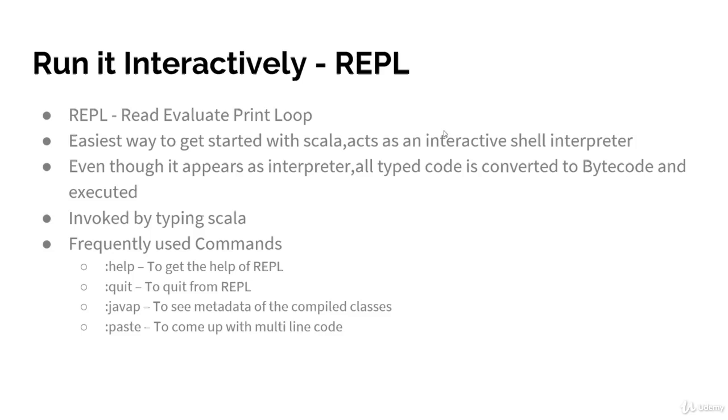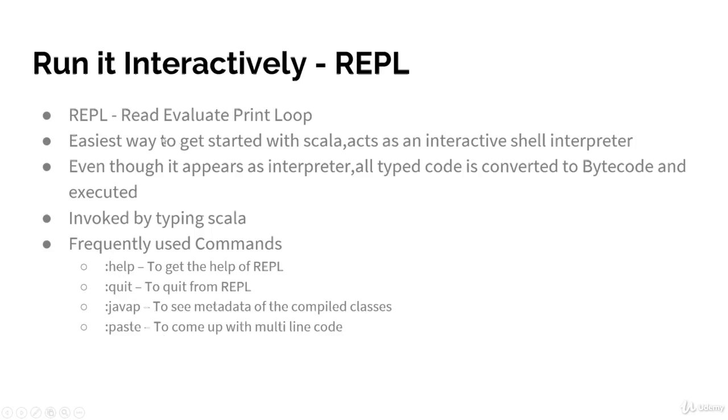Internally, it converts your Scala code, generates the bytecode, runs it, and whatever output is generated, it shows that output back in the console. It is invoked by typing scala, and some of the commands used are help, quit, javap and paste.